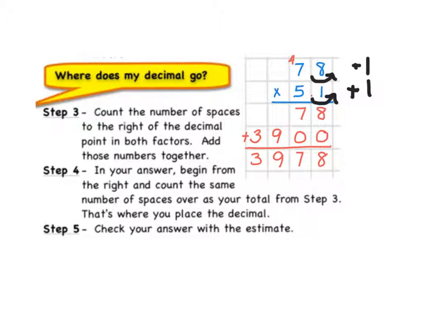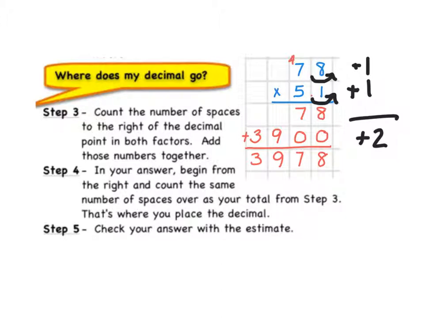And the instructions tell me to add those two numbers together. So if I add 1 plus 1, I'm going to get 2. Now, I'm going to go back into my answer at the bottom, and I'm going to look at step 4, and it says, in your answer, begin from the right and count the same number of spaces over as your total from step 3.